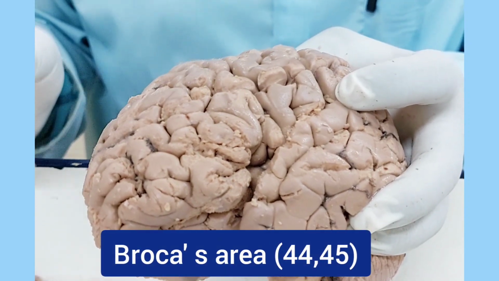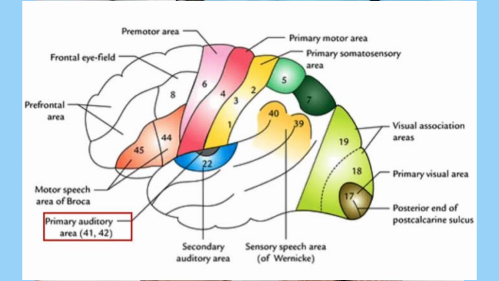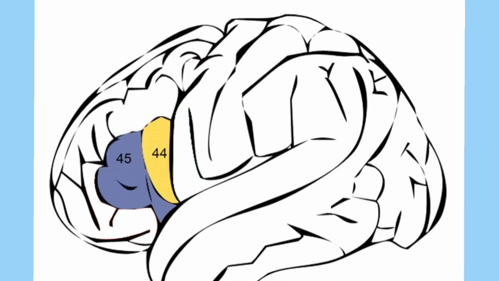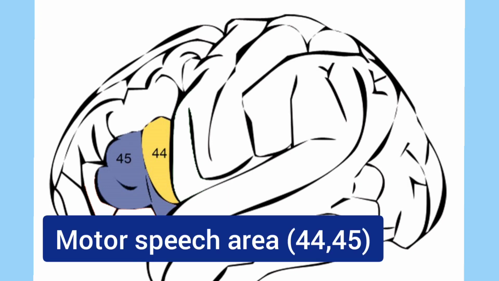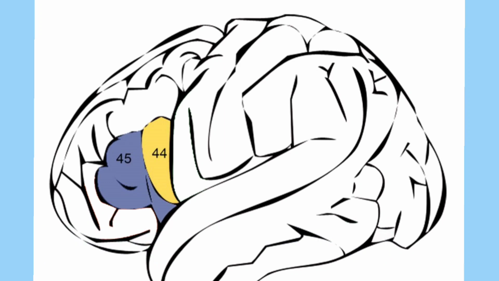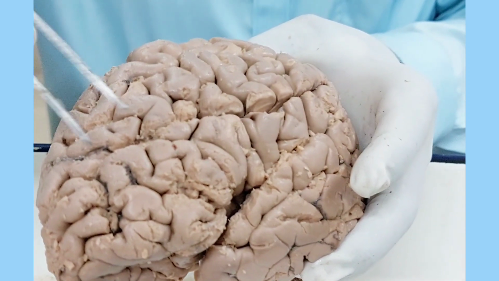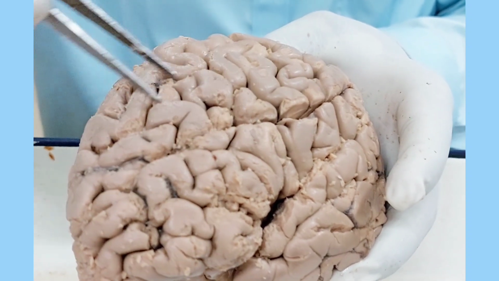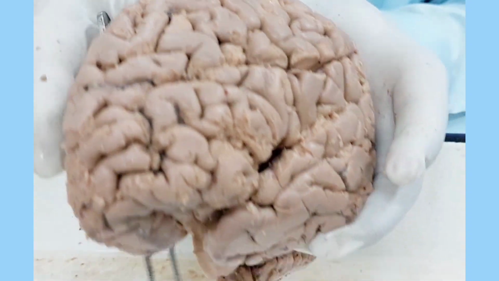Interestingly, the motor speech area is not present in both hemispheres. In a right-handed person, usually it is on the left hemisphere, and vice versa. Besides the motor speech area, other areas are bilateral. Only the speech area is unilateral, either in the right or the left hemisphere. So all these are important functional areas of the frontal lobe.